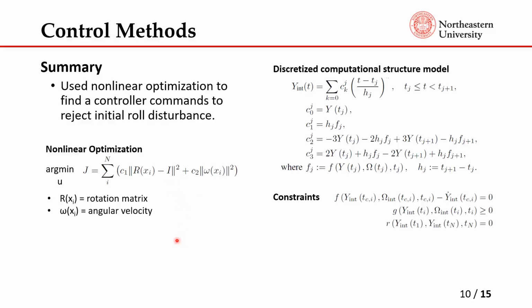So this term tracks the zero roll, pitch, and yaw orientation, and this part here penalizes the angular velocities. We're just trying to minimize the perturbation of the robot by minimizing this cost function.